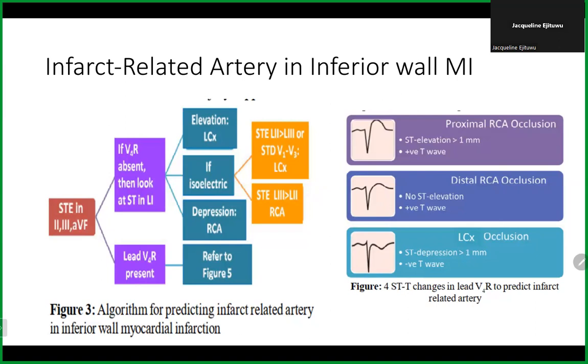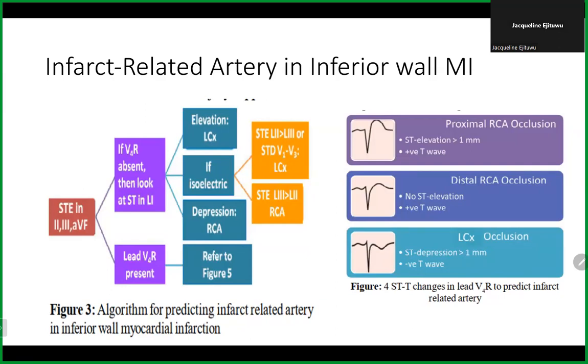In the absence of right-sided chest leads, we can just quickly look at the difference in ST elevation between lead 2 and lead 3. If the ST segment is more elevated in lead 2 than lead 3, because lead 2 usually represents more of the left side of the heart, that means the left circumflex artery is likely to be involved.